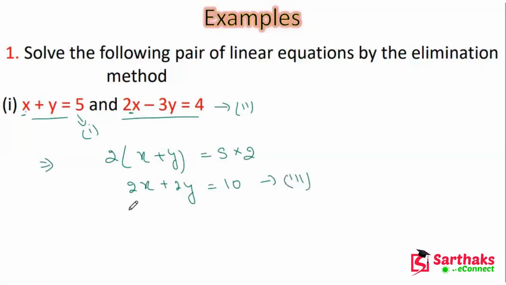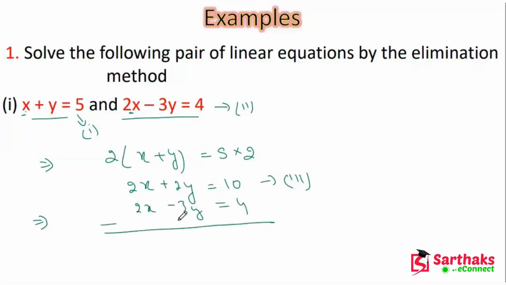Now subtract equation second from equation third. So we are subtracting equation second from third. It will become 2x minus 3y equals 4.